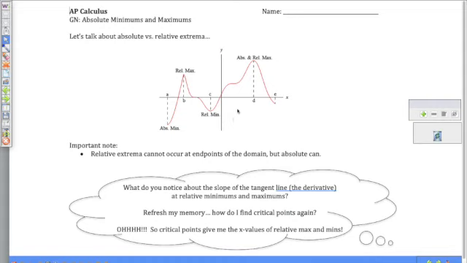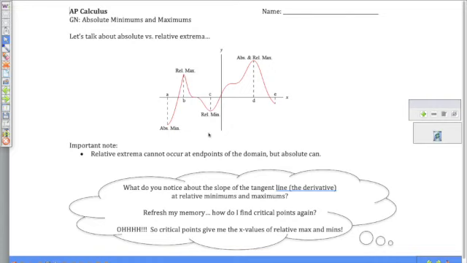All right. So let's talk about the difference between absolute extrema and relative extrema. So absolute maxes and mins can take place at endpoints on an interval, or it can take place throughout the interval. Relative max and mins can only take place inside the interval.